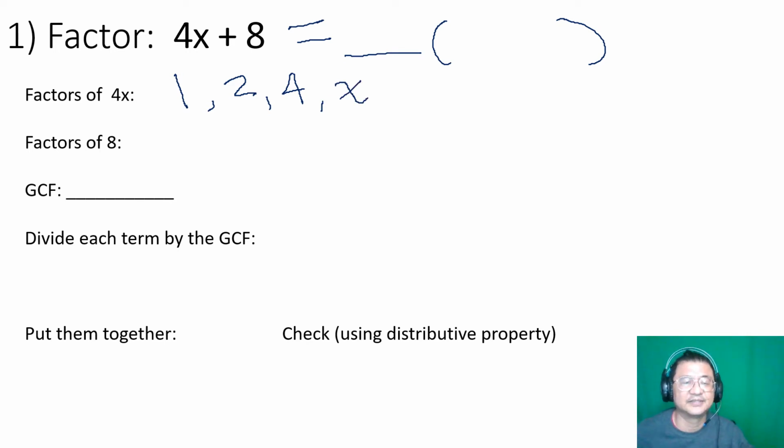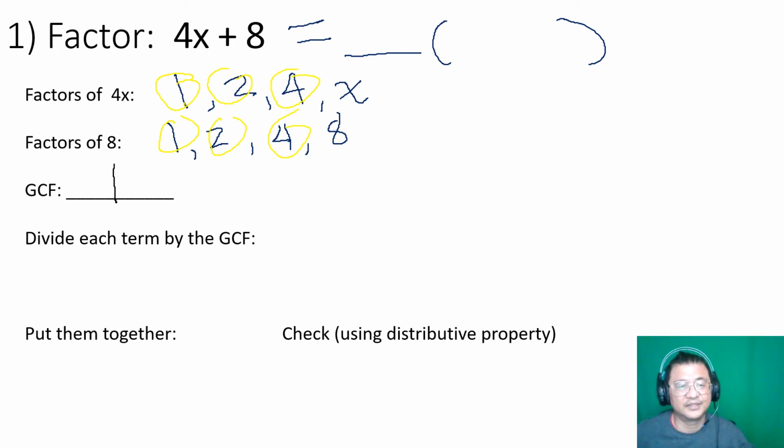Write down the x. The factors of 8 are 1 times 8, 2 times 4. Okay, there's no variable, so just leave it that way. And what is common? Common is 1, of course. 2 is common. 4 is common. But the greatest is 4. I could divide them all by 4.